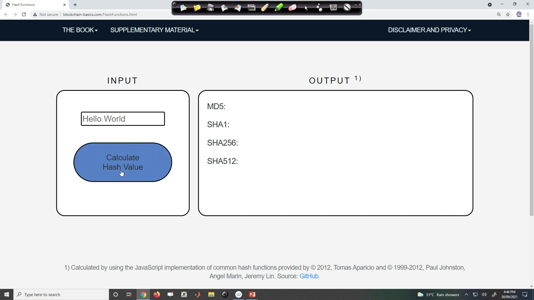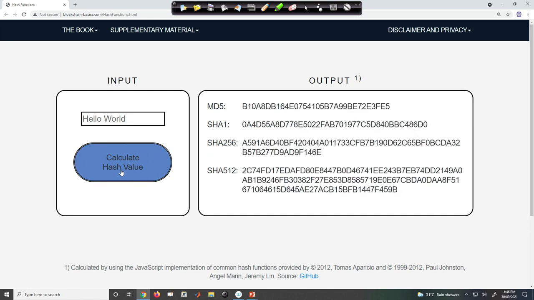So, we click on calculate hash value and we see in the output the hashes for various types of hash functions. MD5, SHA-1, SHA-256, SHA-512, these are all examples of hash functions, and we notice that the hashes we get are of different lengths.